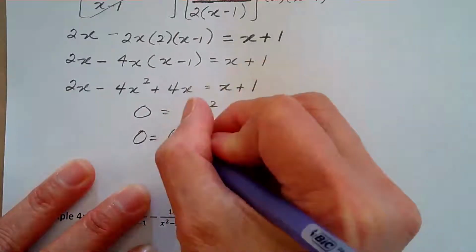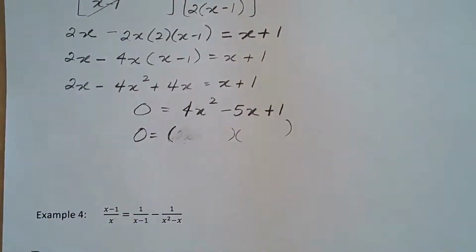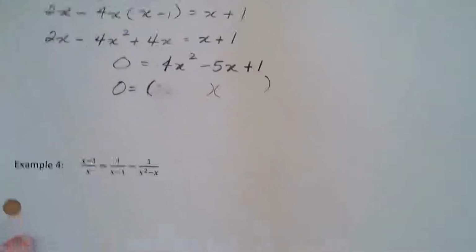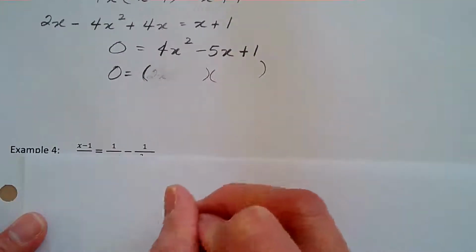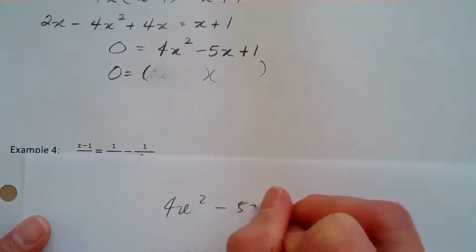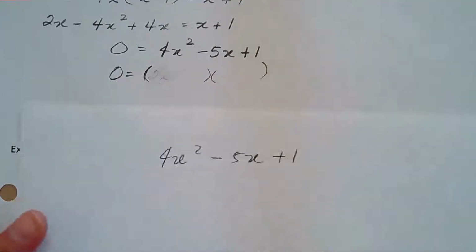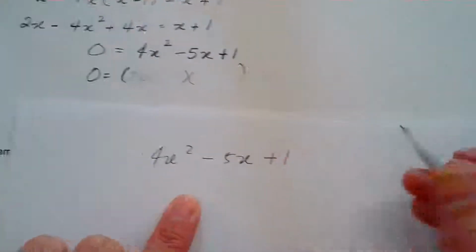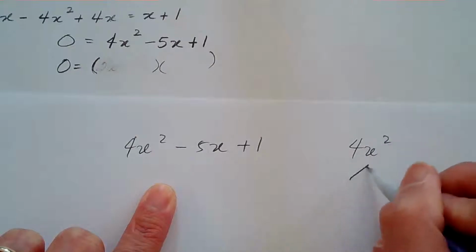How do we factor this thing again? You go 4x squared minus 5x plus 1. No common factor, so you multiply these two, so that's going to be 4x squared.